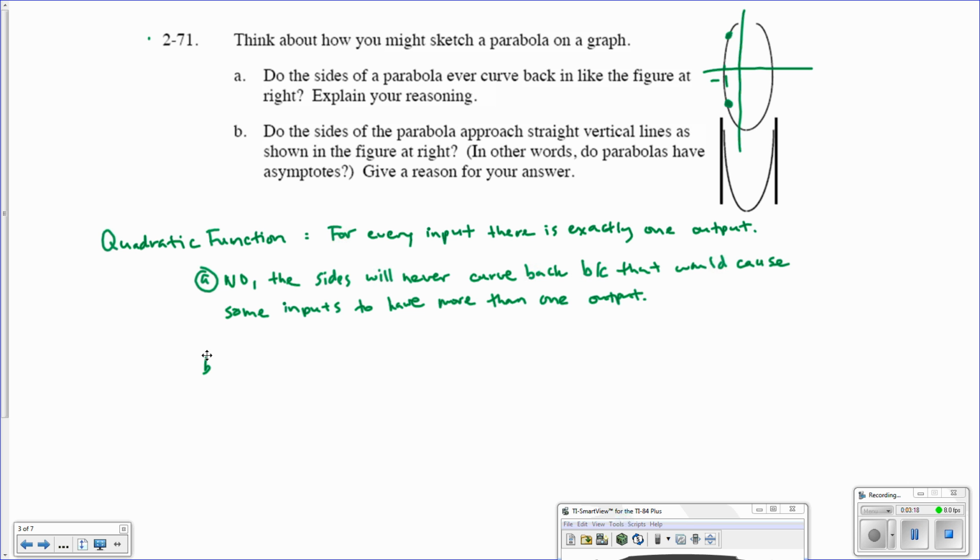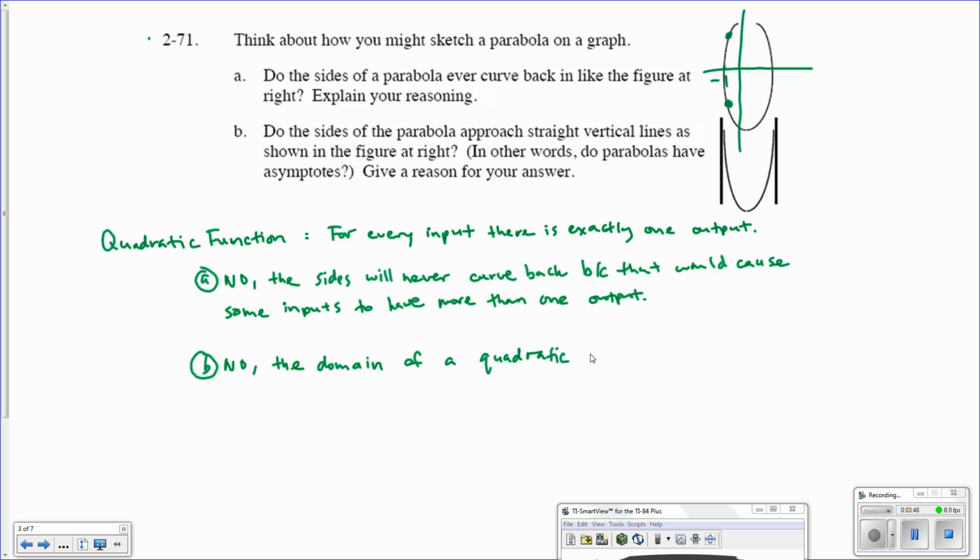Letter B says, do the sides of a parabola approach straight vertical lines as shown in the figure at right? In other words, do they have asymptotes? The answer to that one would be no. The domain of a parabola is all real numbers. And actually, let's not even say parabola, let's say a quadratic, which we know makes the shape of a parabola.